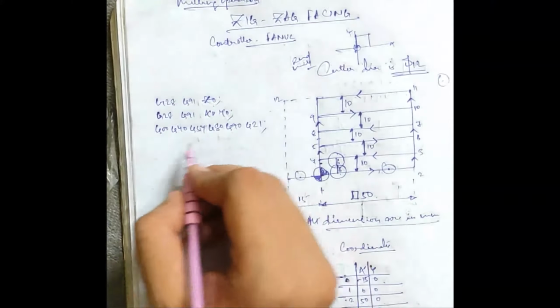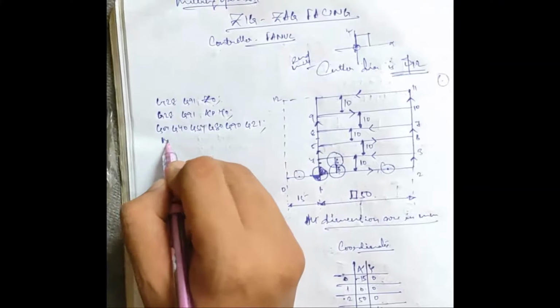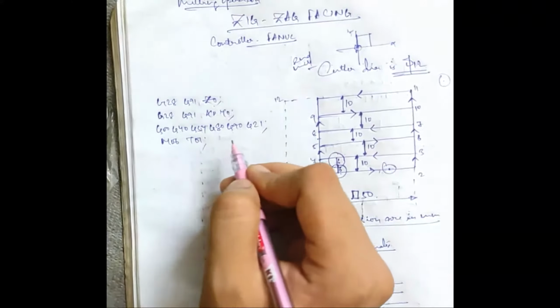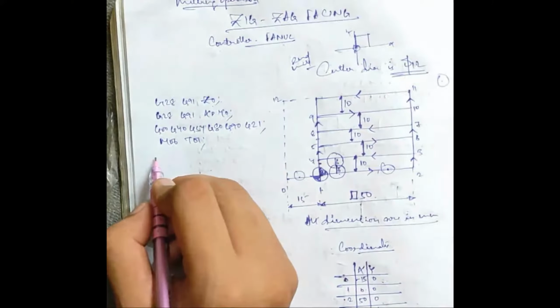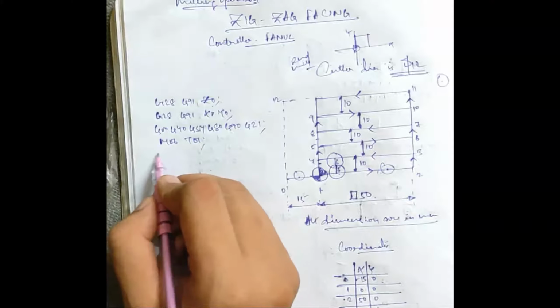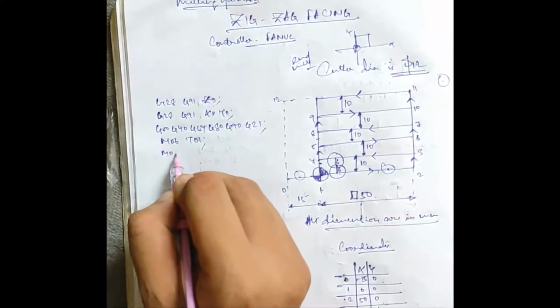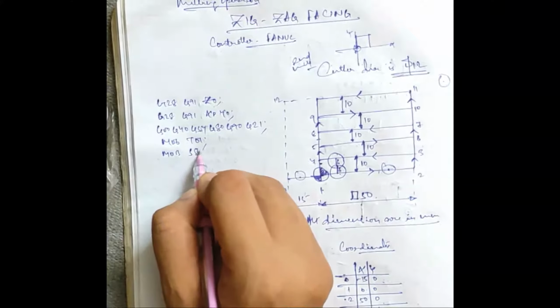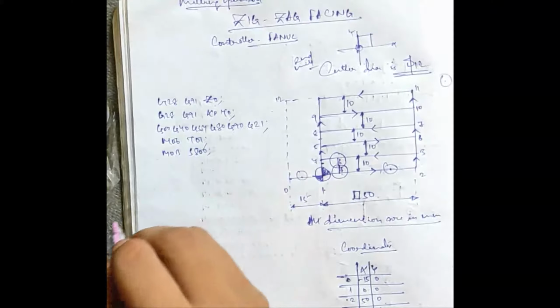Okay, then tool change M06 T01. Then your spindle speed M03 S800.